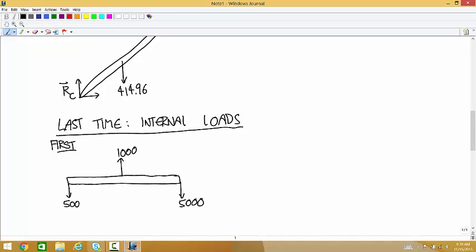And we wanted to calculate the internal loads at this point along that dotted line. Oh, I just want it to be 5,000 so bad.